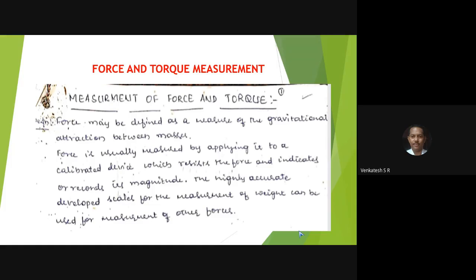First, force measurement. What is force? Force may be defined as the gravitational attraction between the masses. Say you have 5 kg dead weight, 10 kg dead weight, and 20 kg dead weight.